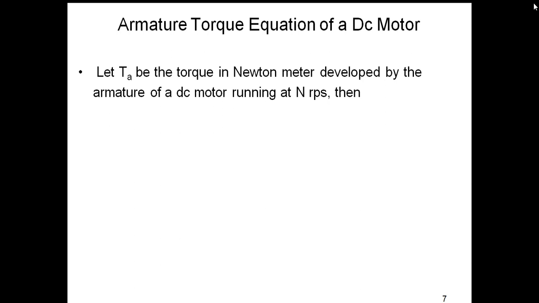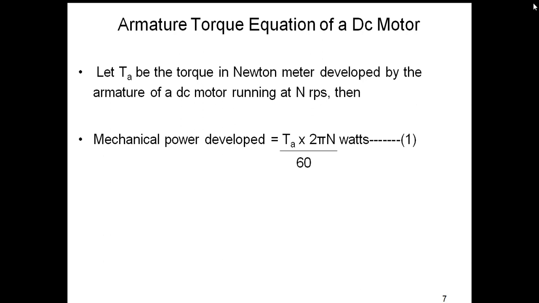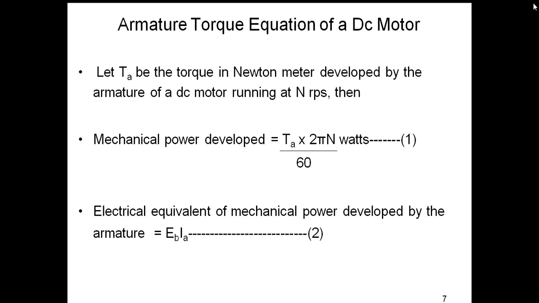Let TA be the torque developed by armature of a DC motor running at capital N rotations per second. Then the mechanical power developed is equal to TA into 2 pi N by 60 watts.